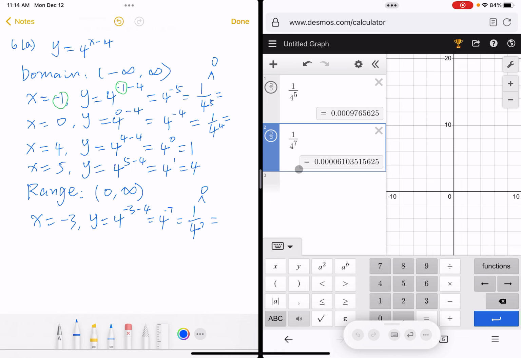So in this case, the y value is 0, that's the x-axis. So basically you say the horizontal asymptote is the x-axis.